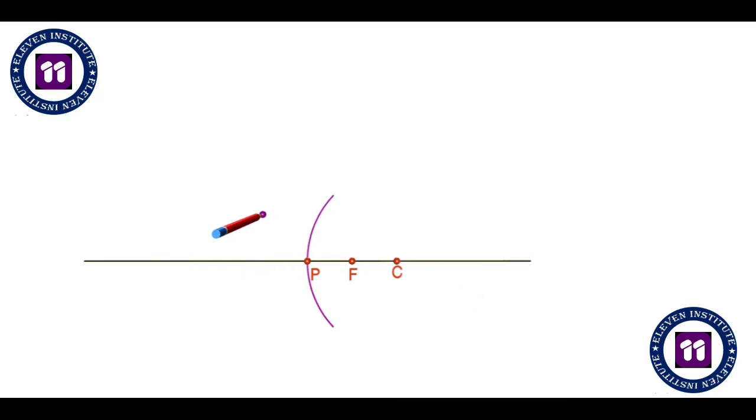A small fixation from my side. So we will draw an object 2 centimeters away and of 2 centimeters height also. See, this is 2 centimeter high object over here. I hope that is fine. 2 centimeters away from the pole and 2 centimeters high.